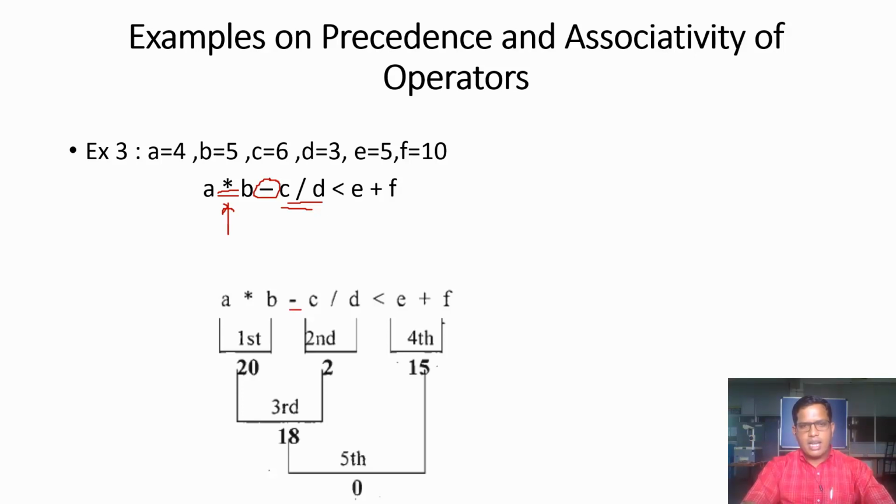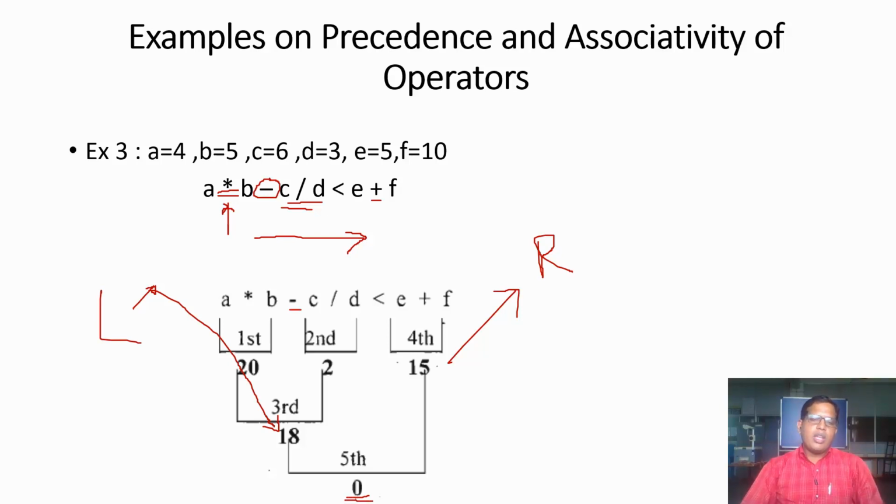No doubt minus and plus have the same priority, but because of the associativity from left to right, first this minus sign is executed. The result for the left hand side is 18, whereas the result for the right hand side is 15, and as 18 is not less than 15, the final output we get is 0. So these different operators are executed as per their hierarchy or precedence.